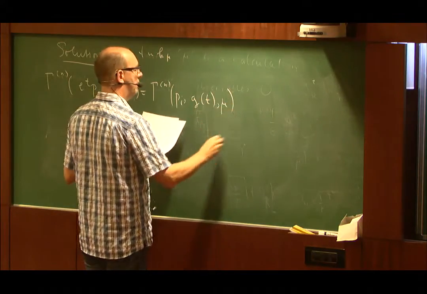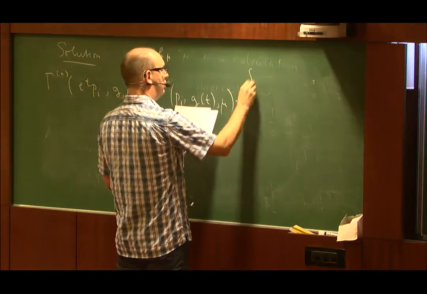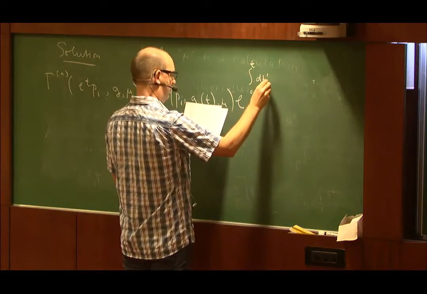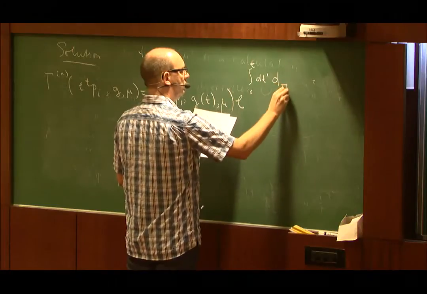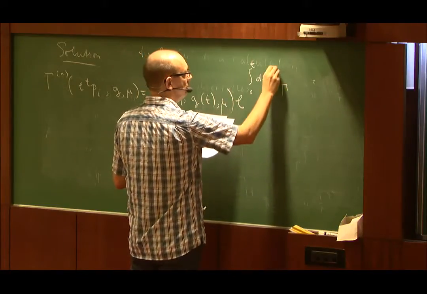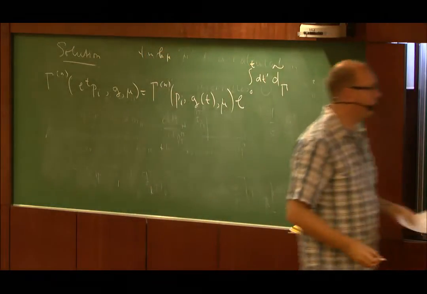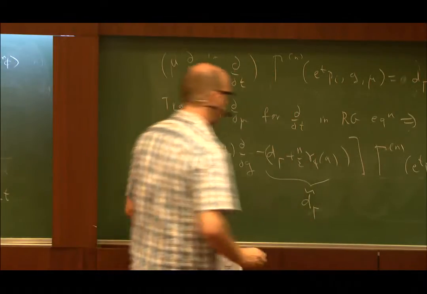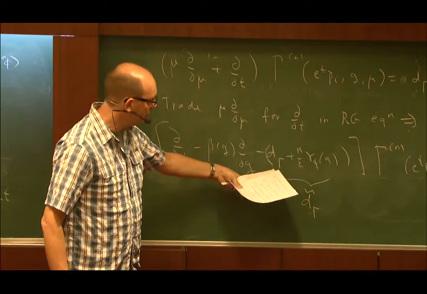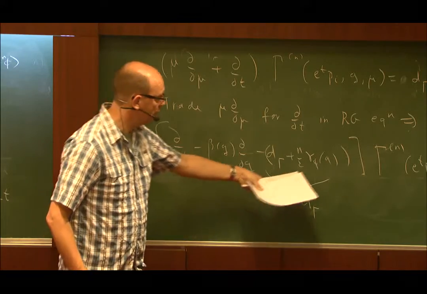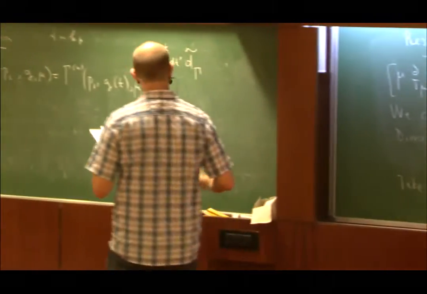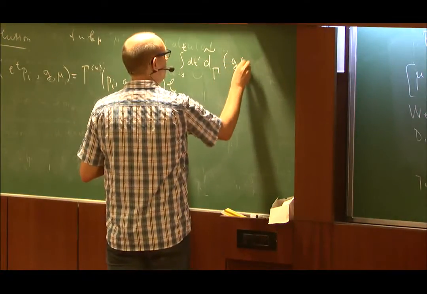And mu times the exponent of the integral from 0 to t of dt prime, let me call this combination here d gamma tilde, meaning it contains the canonical scaling dimension plus the anomalous dimension, as a function of the running coupling.